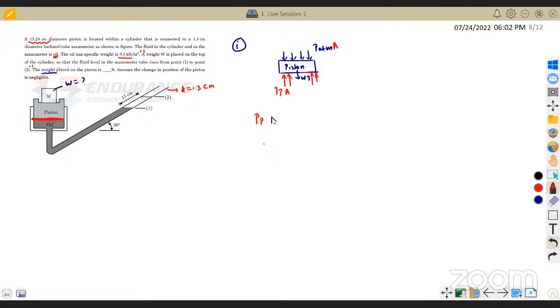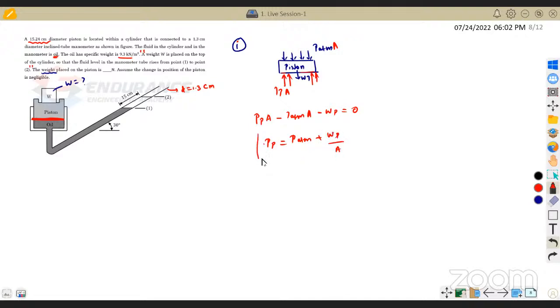Summation of Fy equal to 0: PP A, acting up, minus PATM A, acting down, minus WP equals 0. So PP is PATM plus WP by A.